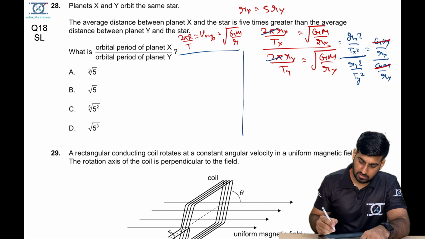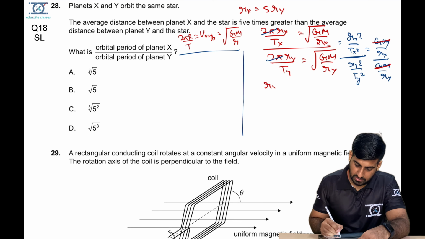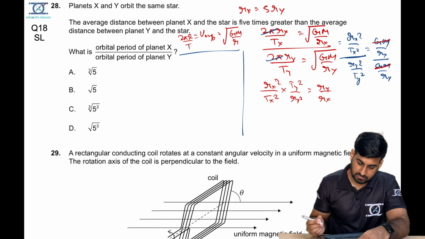So we get an equation of r_x squared upon t_x squared into t_y squared upon r_y squared equals r_y upon r_x, right.